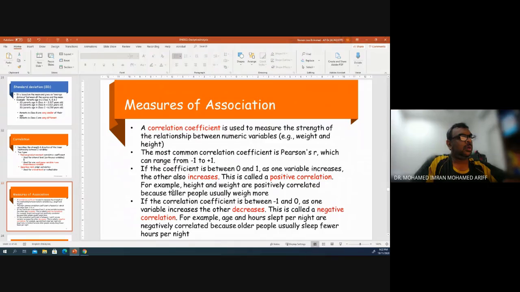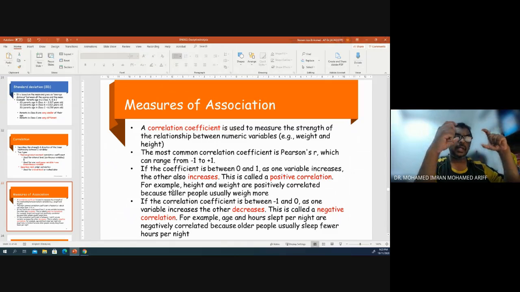Kita nak tahu what is the strength of the variable. Okay, adakah dia semakin naik? The more we exercise, the more we lose weight. So that is the correlation. So we want to find out how much we naik, berapa banyak yang akan naik. So we want to find out. Or is there satu lagi we want to find out, is it a positive correlation?